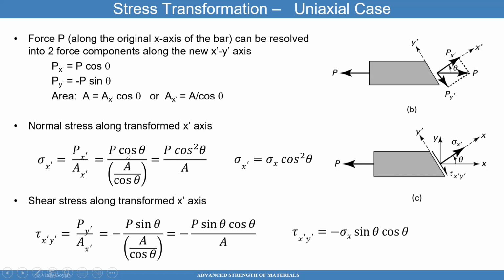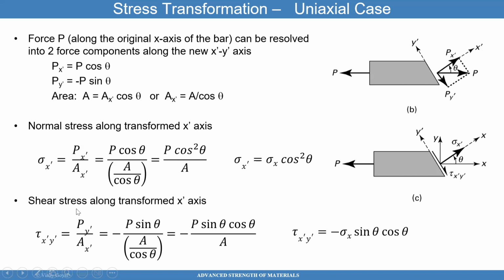And that gives me a stress of P divided by A times cosine theta squared. Notice that this P over A is really sigma xx, so sigma x prime is sigma xx cosine squared theta. So that is how we can find the stress at an inclined plane at an angle theta.